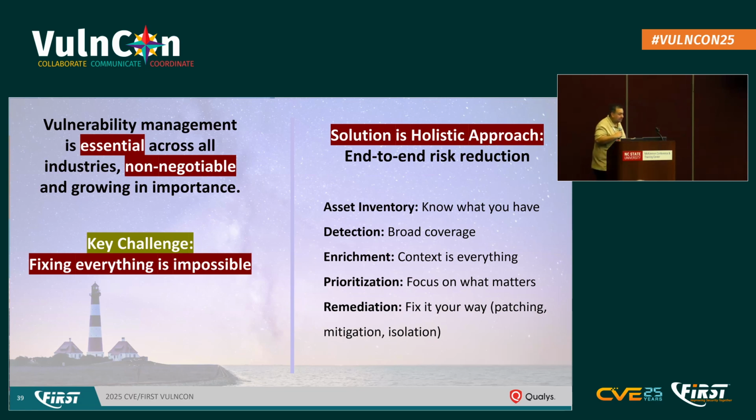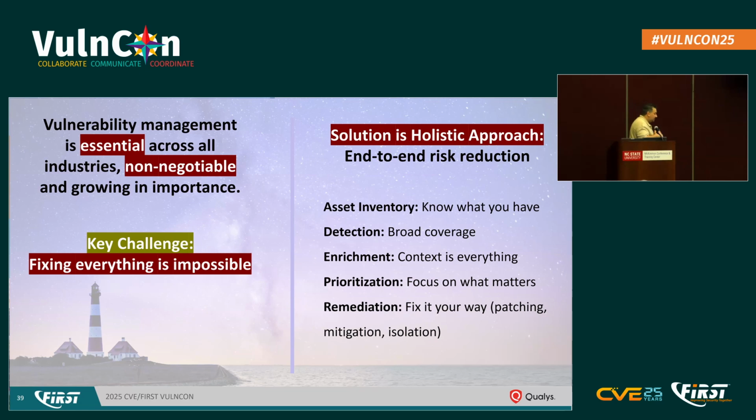And lastly, you already know all your inventory, you have good detection, and then you just need to take care of everything after prioritization by remediating it. That means you need to fix it because you need to de-risk your environment, and it could be a patch, or some script running to mitigate or isolate.